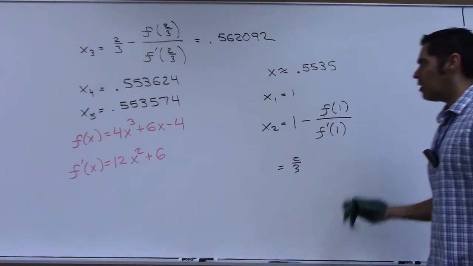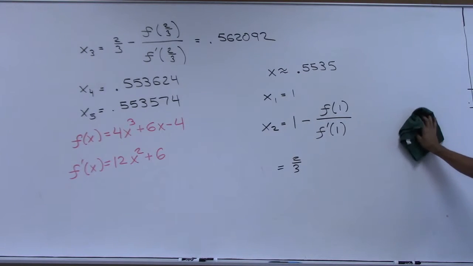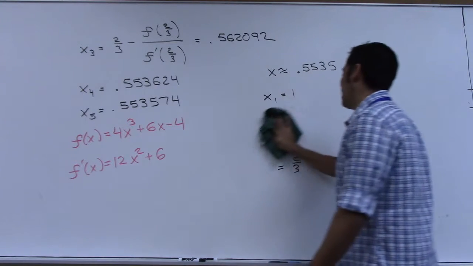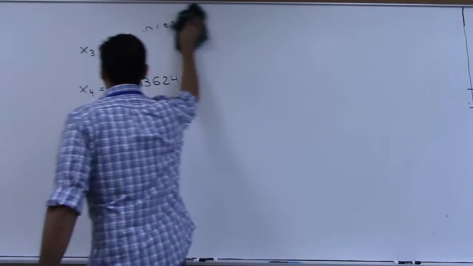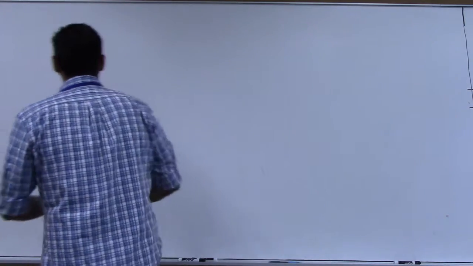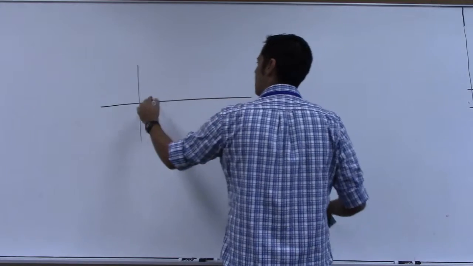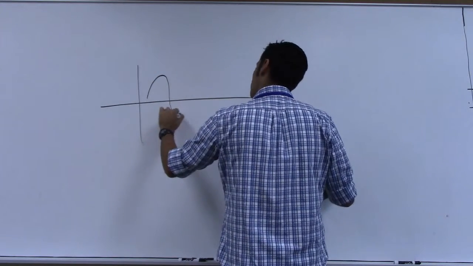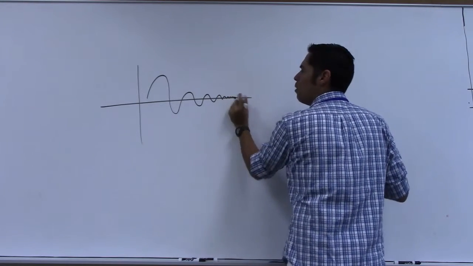Now, there are ways you can screw Newton's method up. You cannot get every function with Newton's method. There are some that just don't behave well enough. An example would be a function that did this, almost like a sine curve, and you were trying to find one of those x-intercepts.